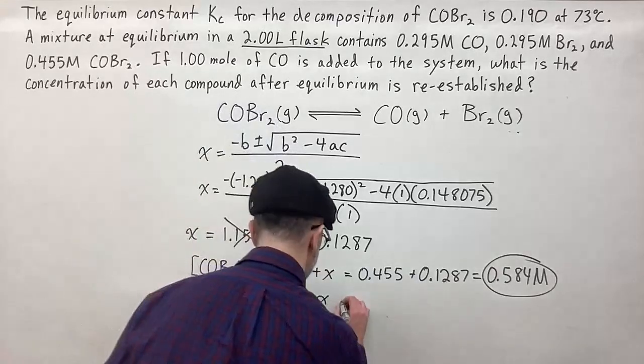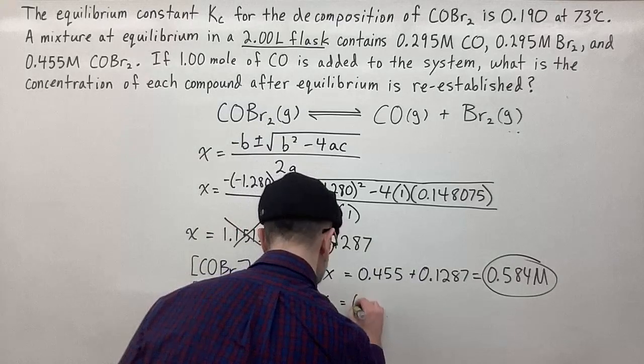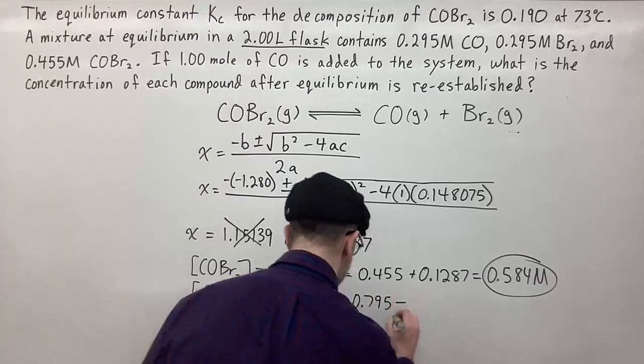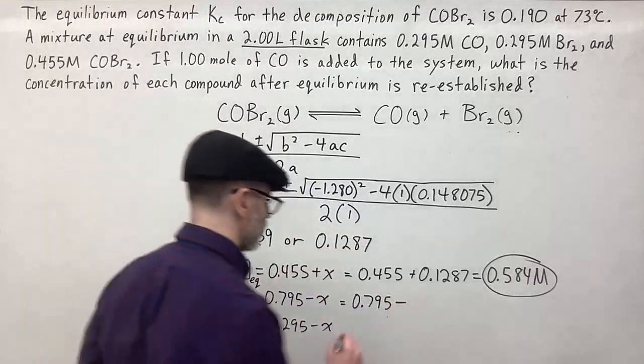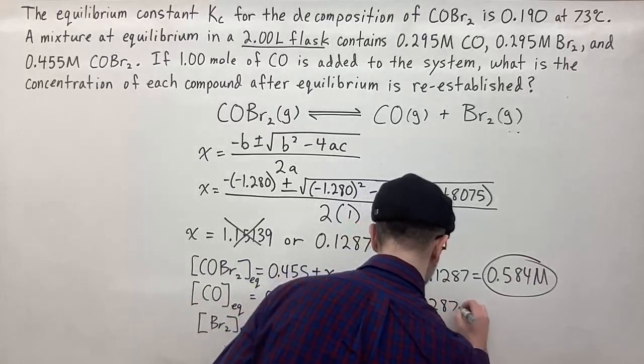And then we do the same thing for CO. That's going to be 0.795 minus x, which is 0.1287.